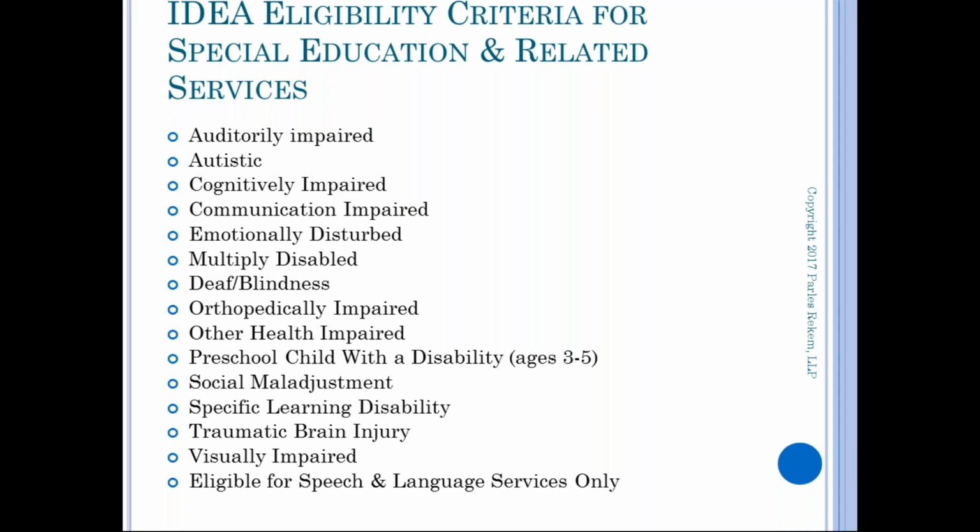If their disabilities are impacting their education, and if they require special education, which in the case for a child with an emotional disturbance would be therapeutic supports and services, those children are also covered under education law and may be entitled to an IEP.